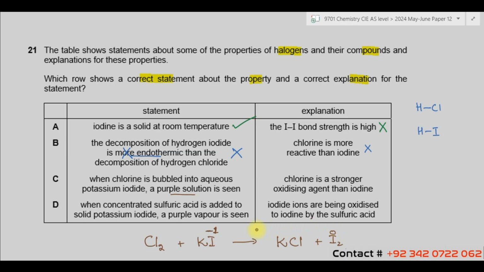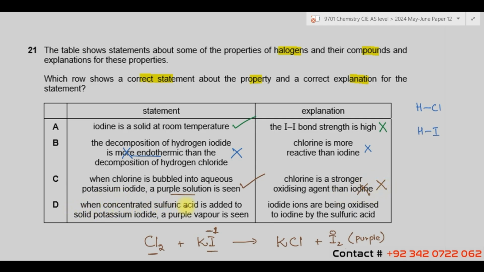That is oxidation. And iodine is purple in color. So this is a true statement. Explanation is that chlorine is a stronger oxidizing agent than iodine. In this reaction, we have chlorine and we have iodide. Iodide goes to iodine, not the other way around. KCl will not react with iodine to form these products. So it should be iodide.